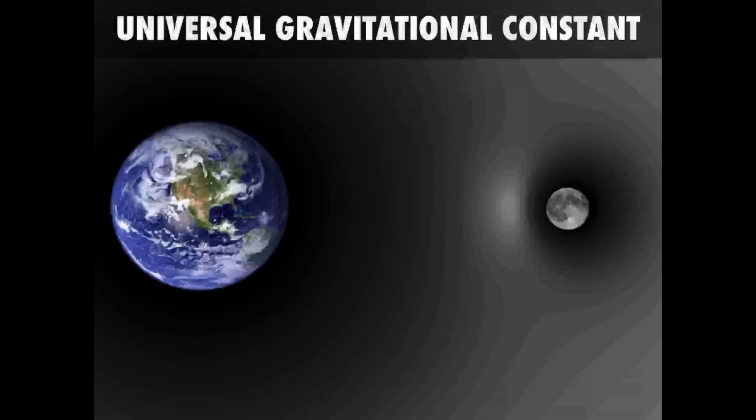The constant of proportionality is called the universal gravitational constant. Each object is pulled toward the other's center. In other words, gravity is an attractive force. The forces on the two objects are equal in magnitude and the directions are opposite, as they must be since they form an interaction pair.